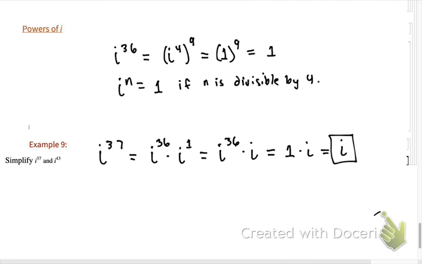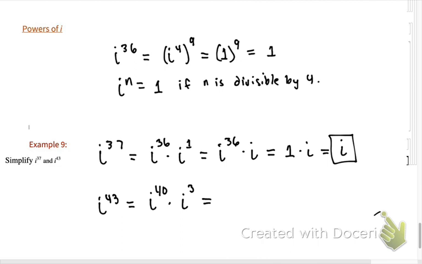We can do the same thing with i to the 43rd. I'm going to split it up as a product of two powers of i, where the power on my first i is the largest number I can think of that's divisible by 4 and less than 43. So I'm going to do i to the 40th power, which means I have 3 powers of i remaining, so I'd have to multiply that by i cubed to get i to the 43rd.